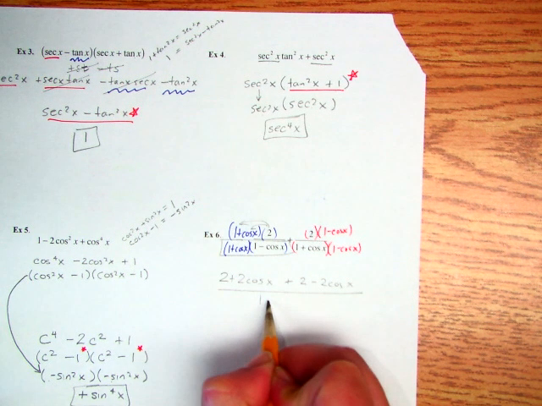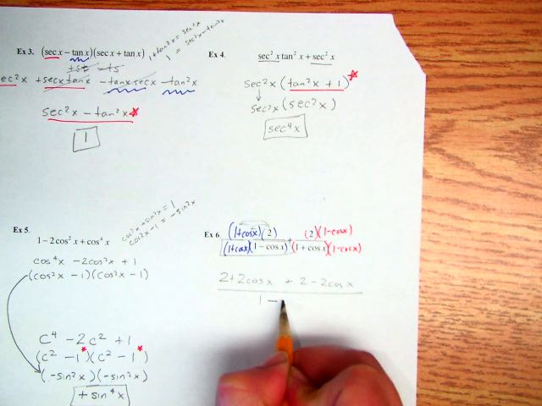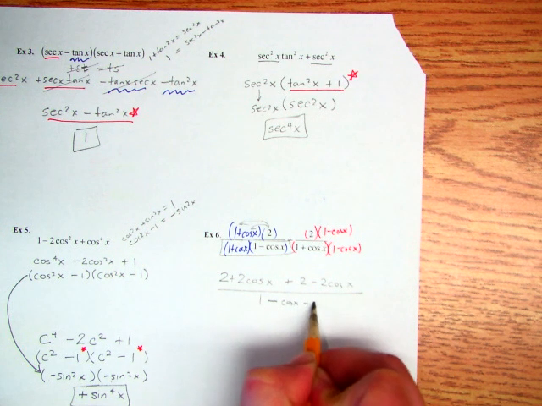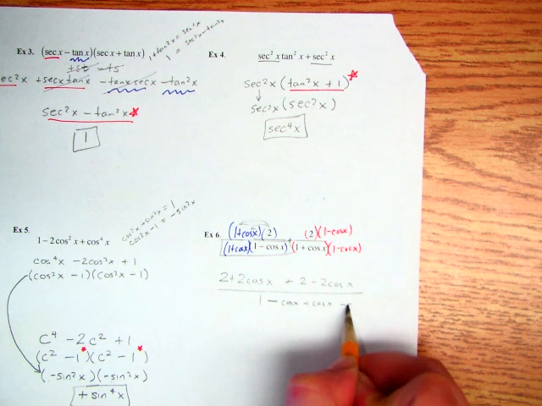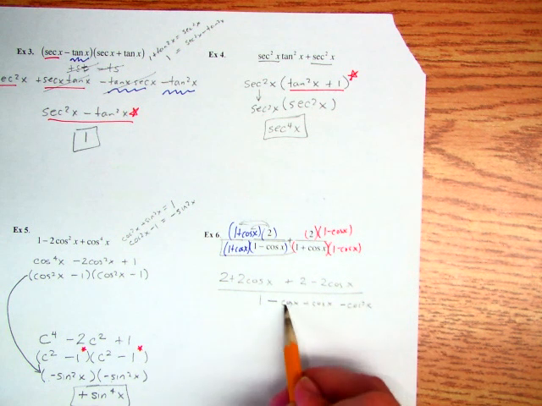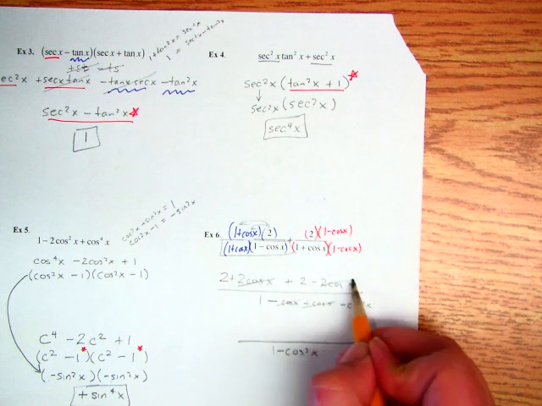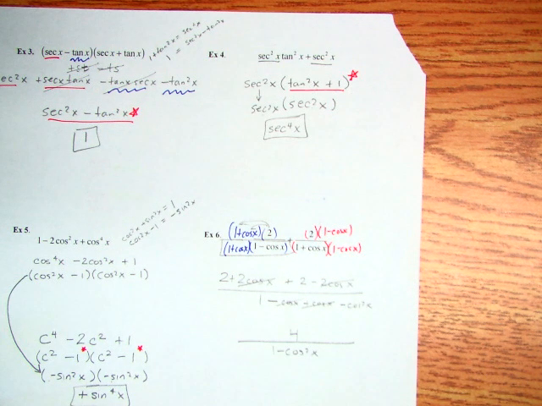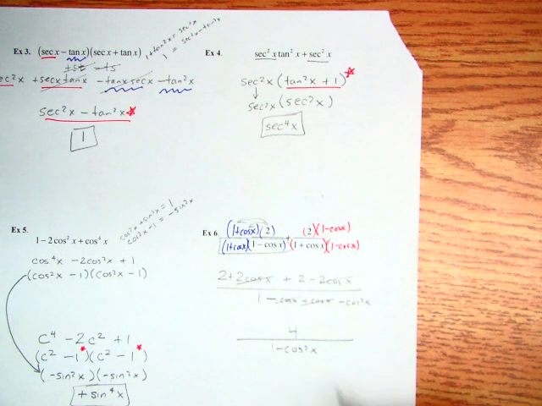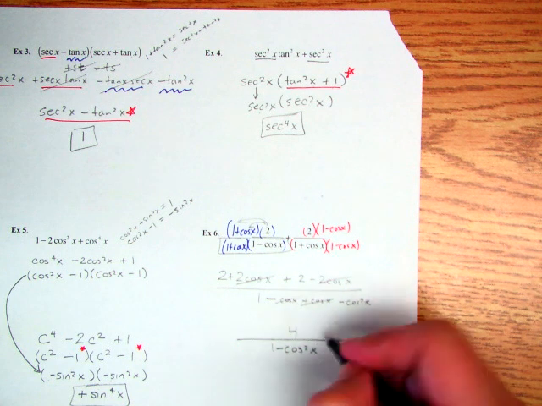I end up with 1 minus cosine x plus cosine x minus cosine squared x. Cancels. 1 minus cosine squared x. These cancel, all of which is over below 4. So I've got 4 minus cosine squared x.